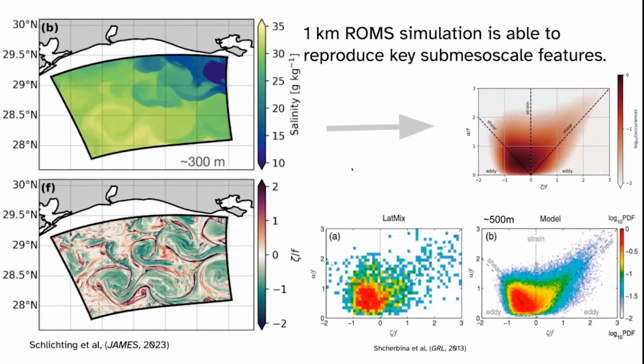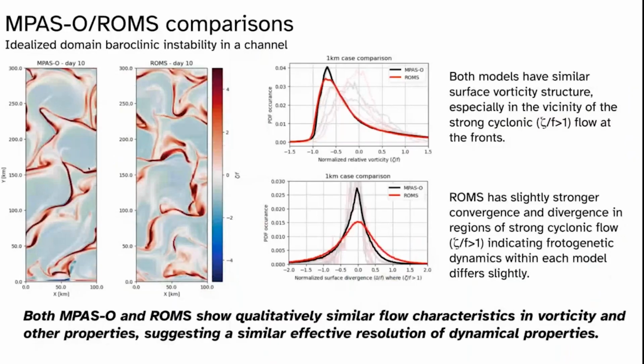So we've created an idealized channel flow simulation. This is a reentrant channel that we're seeing here that's 300 kilometers across and reentrant in the x direction with walls to the north and south.